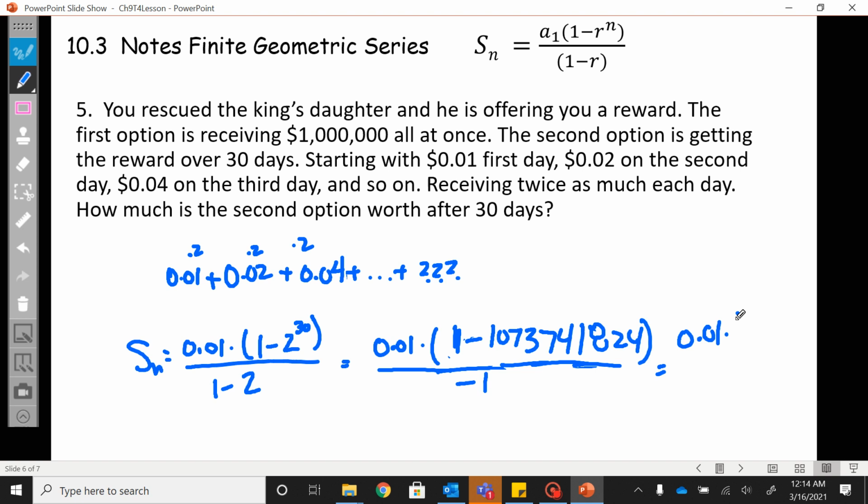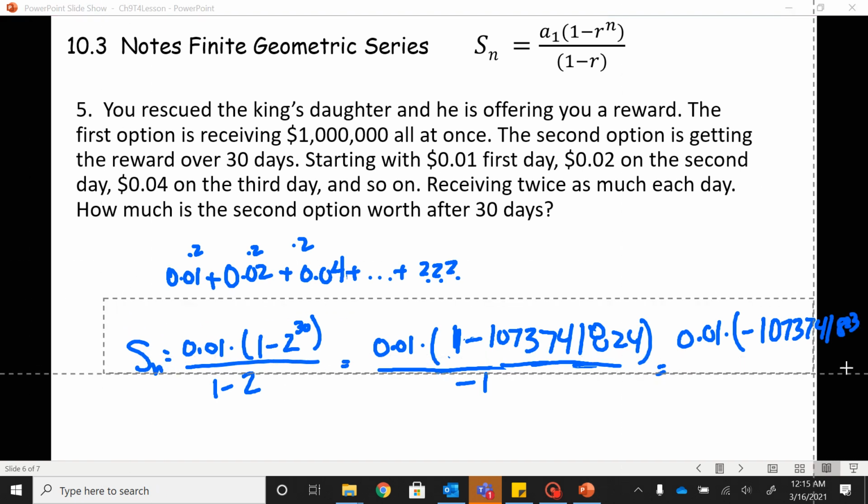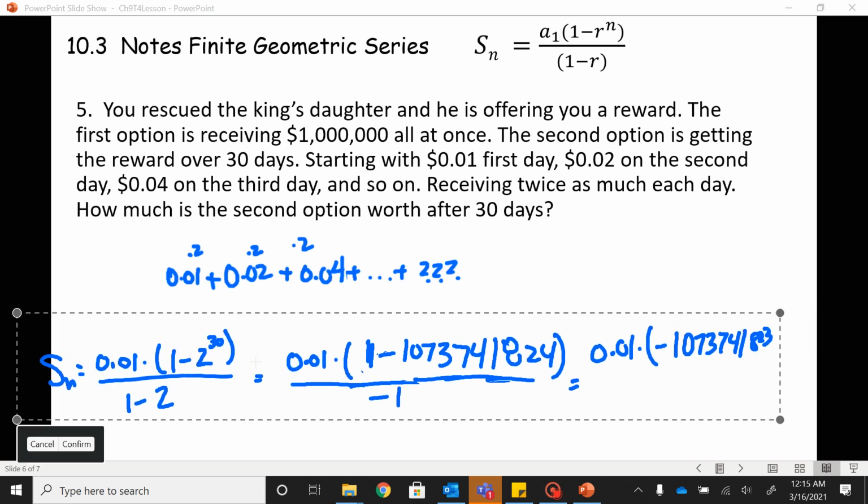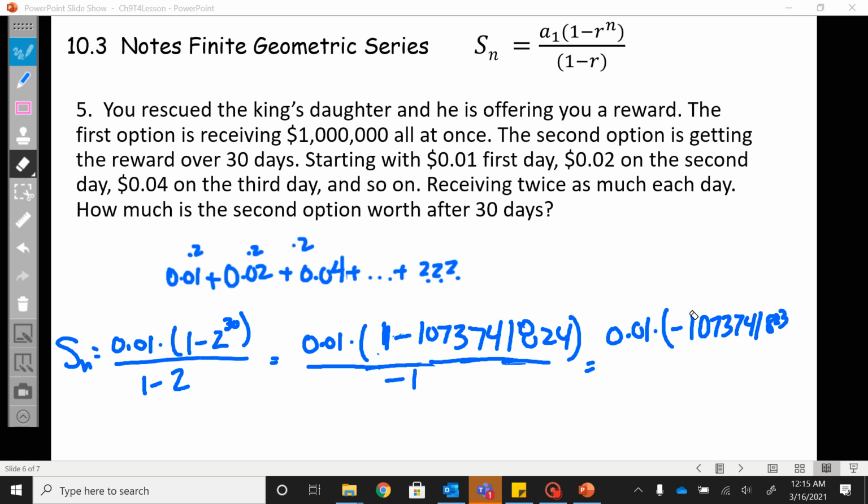That's 0.01 times 1 minus 1,073,741,824, which is negative 1,073,741,823, over negative 1.